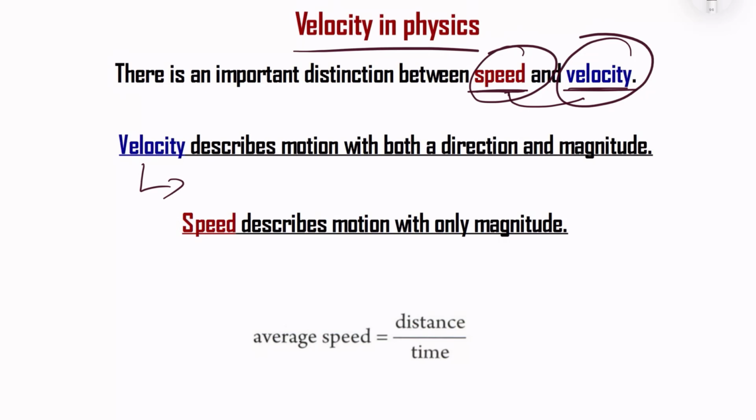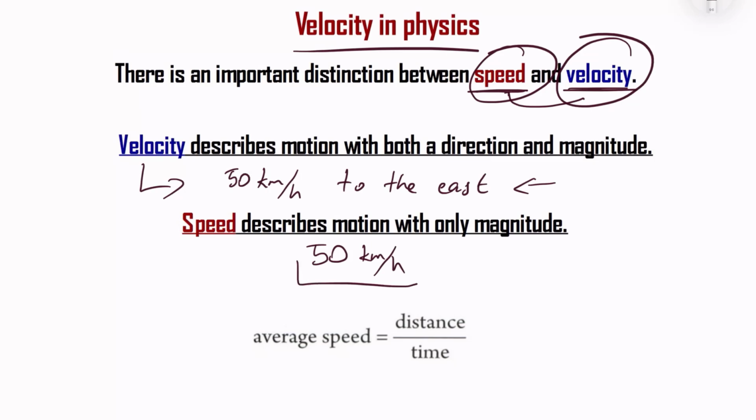So if you are saying the car is moving at 50 kilometers per hour, and you mention its direction, for example to the east, now you are discussing velocity. But if you only mention 50 kilometers per hour, describing only the magnitude, you are talking about speed. So the important difference between velocity and speed is the direction.